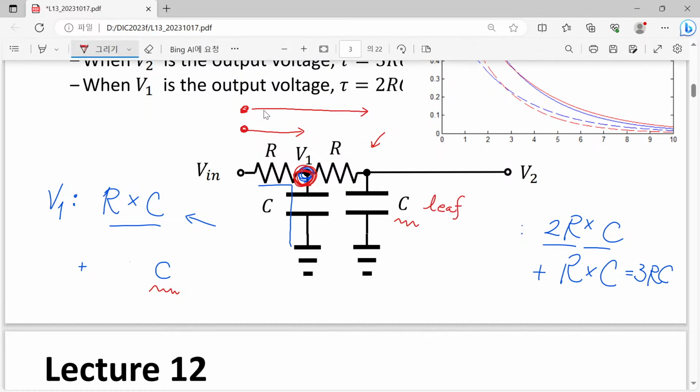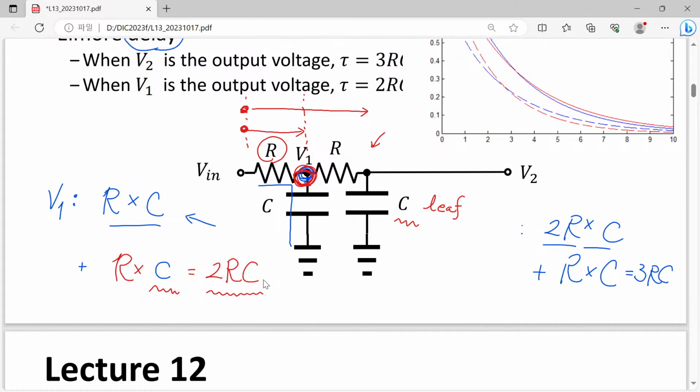When we take the intersection between them, we find only the one corresponding to this R. So only this R should be considered in this calculation. As I already posted in our lecture system, that time constant should be not RC but 2 times RC.